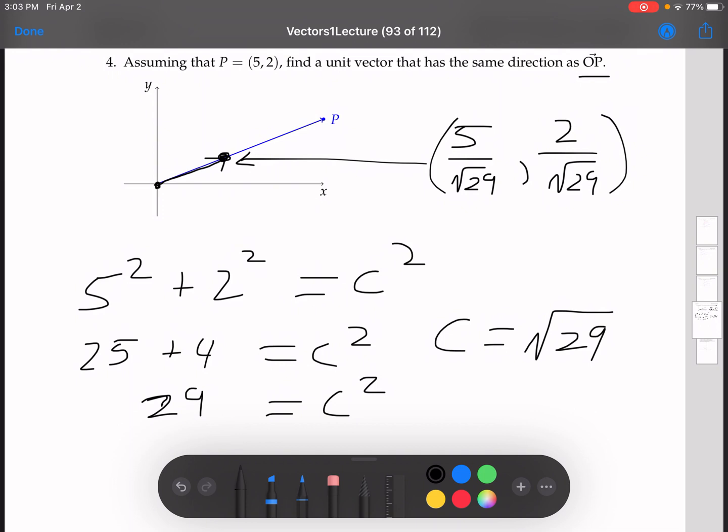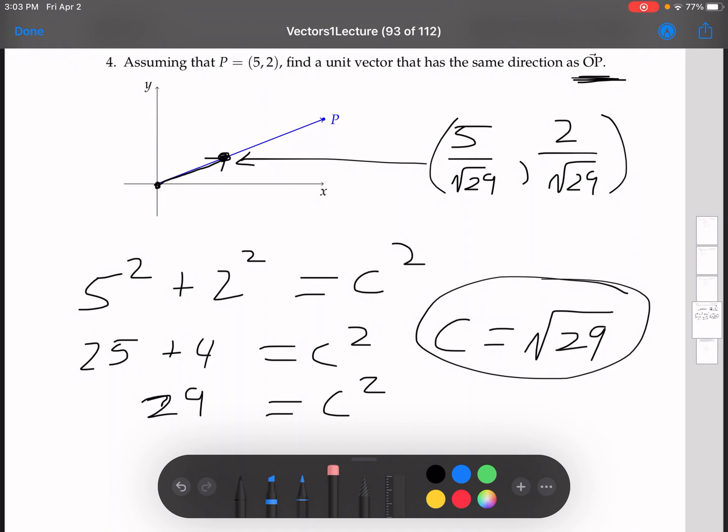That vector with initial point the origin and terminal point 5 over root 29, 2 over root 29, is definitely going in the same direction because it lies on the same line as OP. But we're going to see that its length, its magnitude, is 1. And why is its length 1? Because we're dividing everything by the overall length.